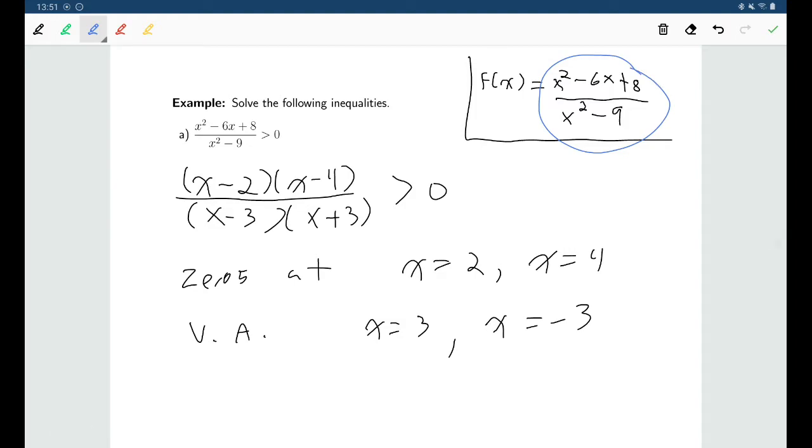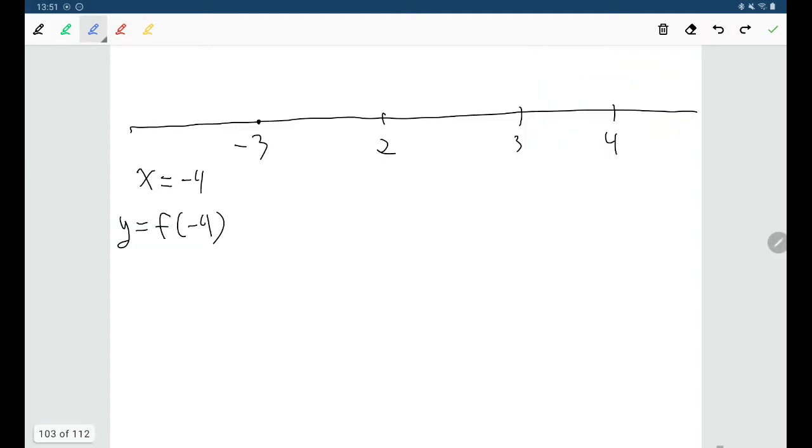I've done all of the calculations already, and I found that when x is -4, the y value was 48/7. So that means that in this region, to the left of x being -3, we are above the x-axis. In this region, our function is greater than 0.